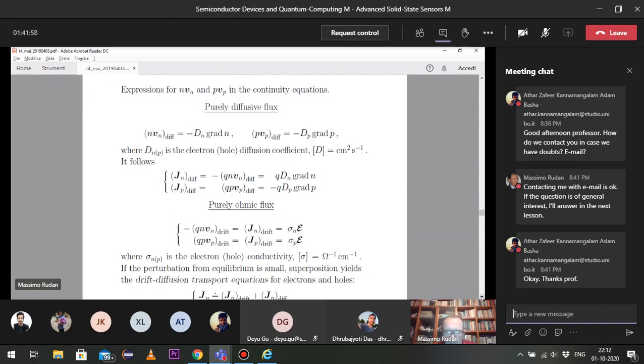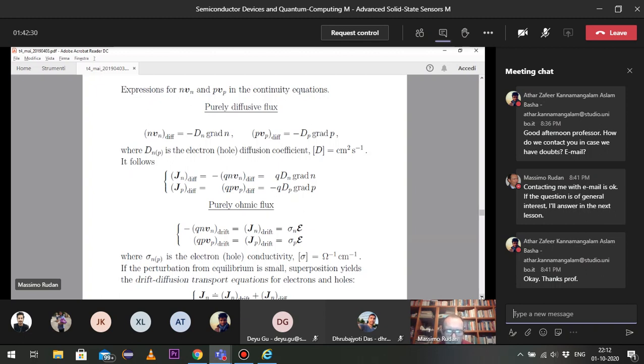And as you very well remember, this is the electron conductivity. If you have only electrons, Jn equal to sigma n times the field is nothing else than the law of Ohm in local form. Okay, the local form of Ohm's law.